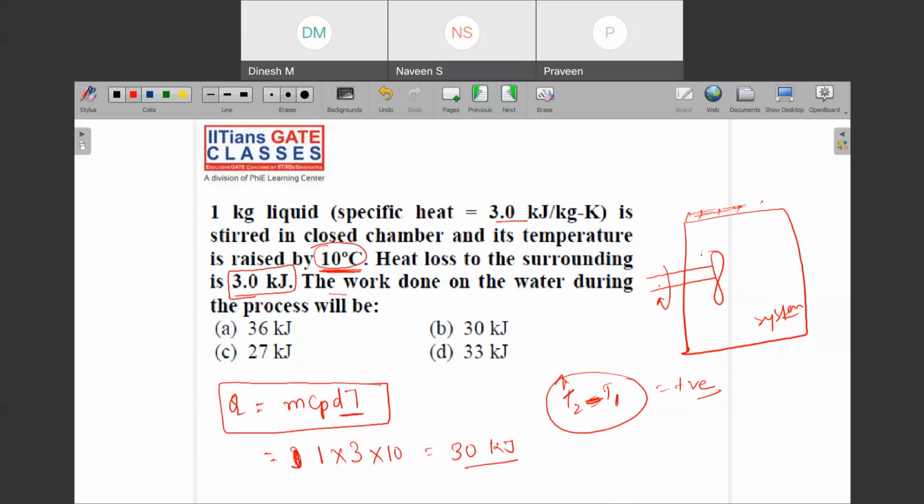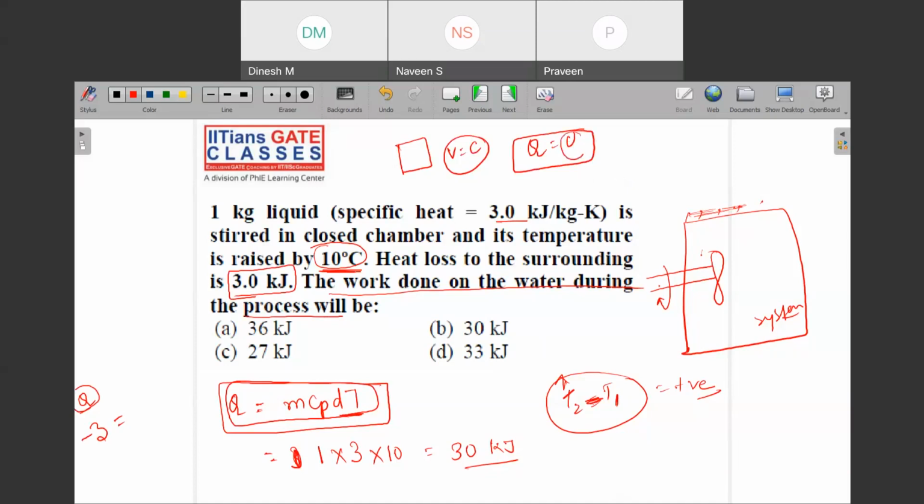Then it asks for the work done on water during the process. So what is the heat lost? Heat lost is minus 3, right? Now, can we recall from that process where the chamber was constant, that means volume was constant, that Q value was delta U?